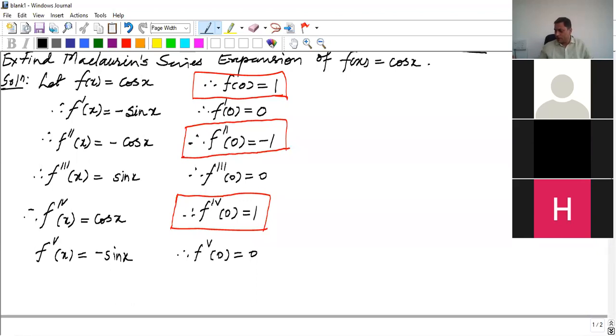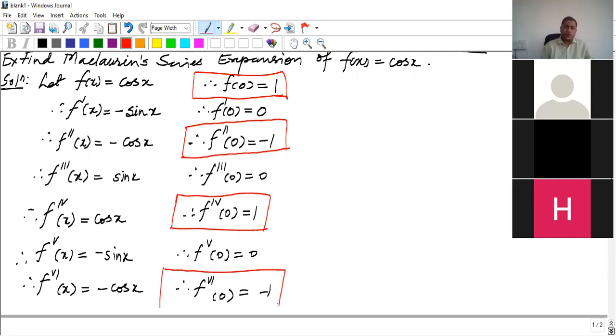If I consider the next derivative, what will be the sixth derivative? Minus cos x. So the sixth derivative at x will be minus cos x, and hence the sixth derivative at 0 is going to be minus 1.